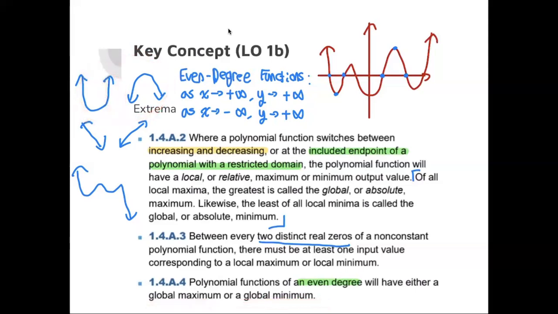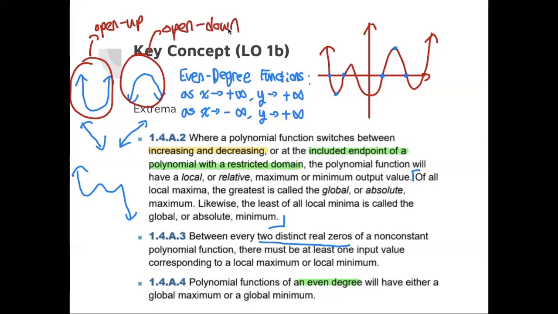Without graphing, you can immediately know whether they will have a global maximum or a global minimum because if we take a look at the leading coefficient, if the leading coefficient is a negative value, they'll have a shape like this. If the leading coefficient of an even degree function is positive, they'll be like this. So it'll be an open up shape or open down shape, depending on the sign of the leading coefficient, okay?